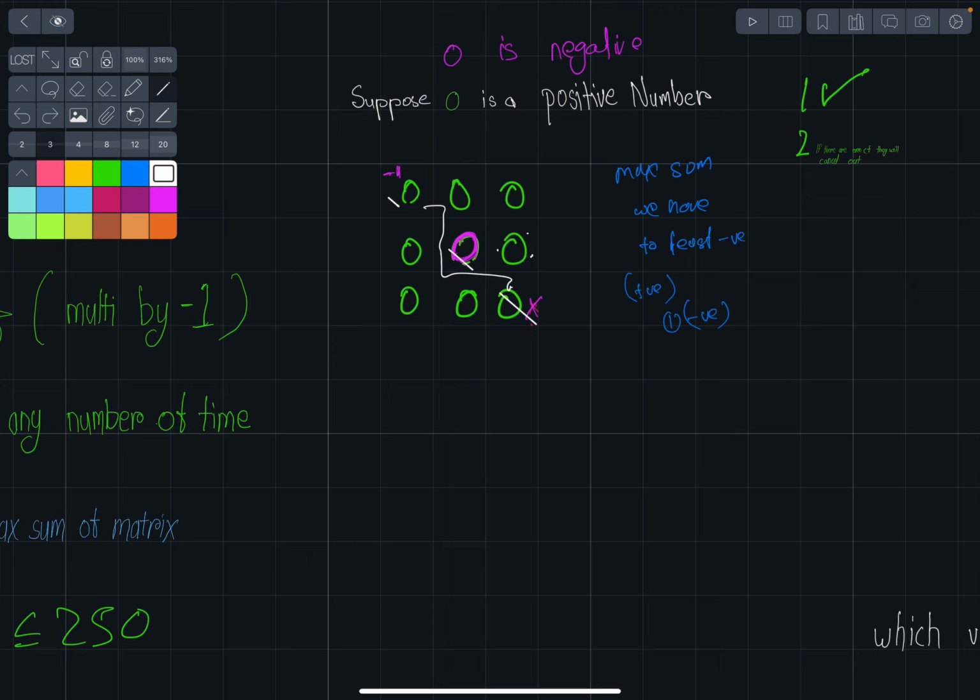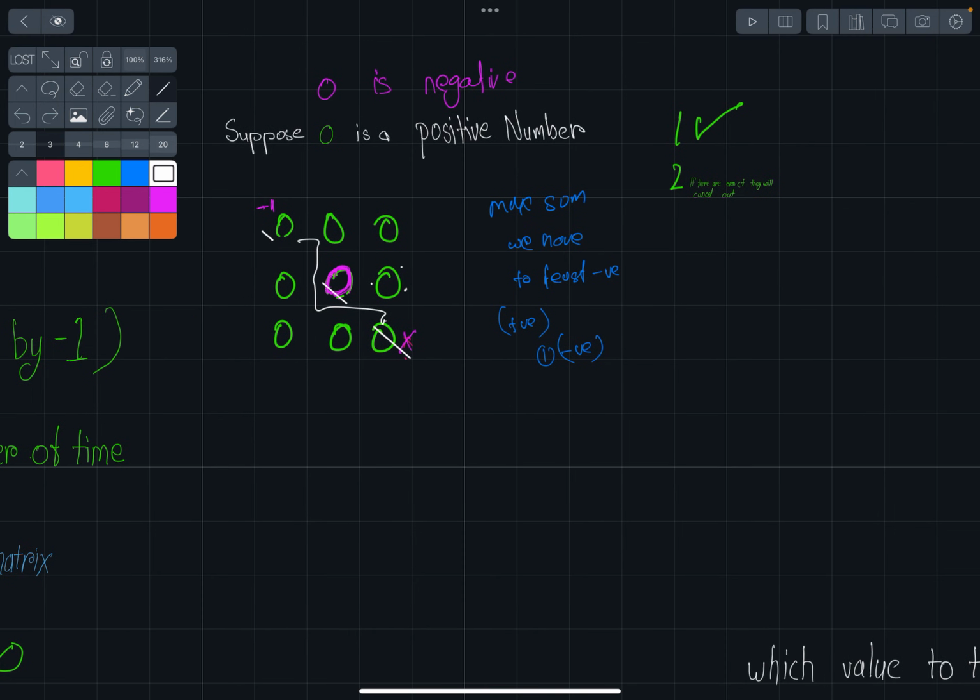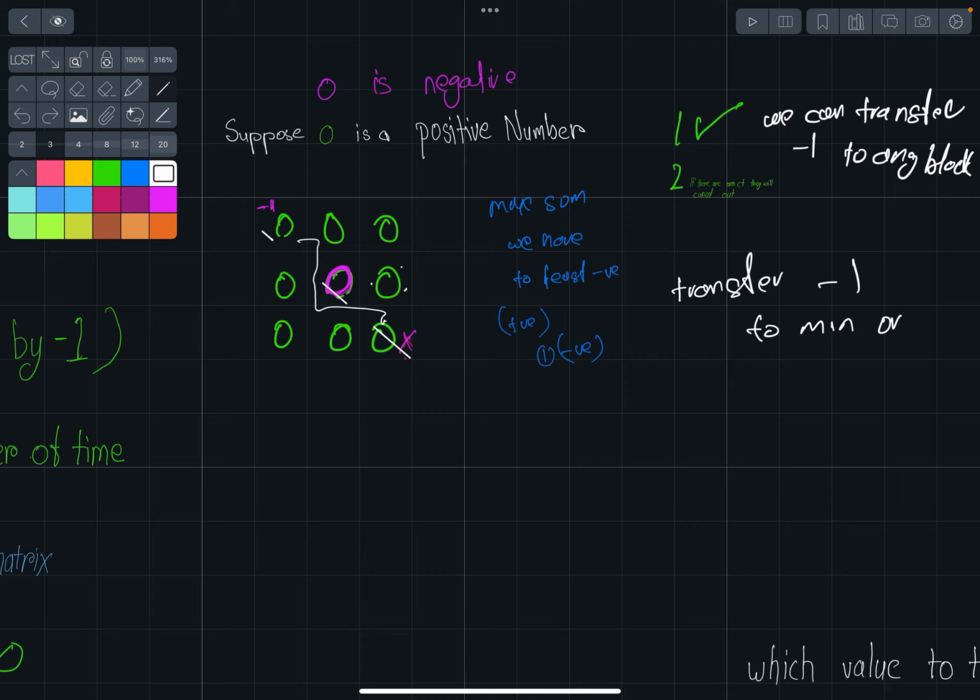So we can transfer -1 anytime to any block. And what we will take is the minimum only. So we will transfer -1 to the minimum one. Okay, this is the first condition.